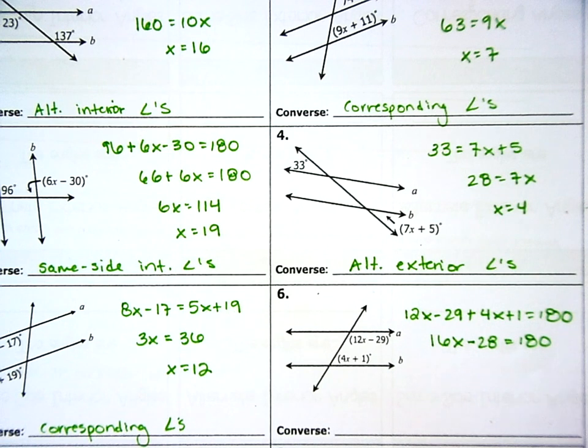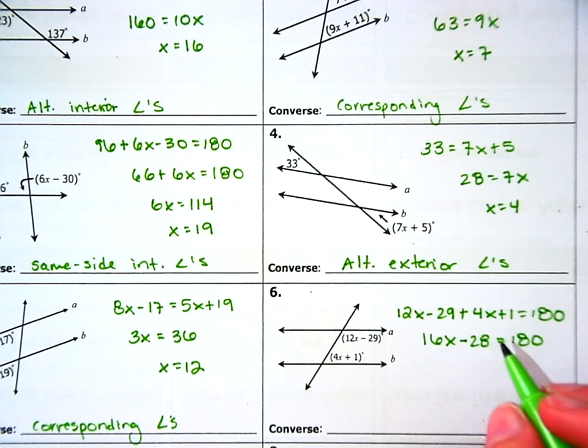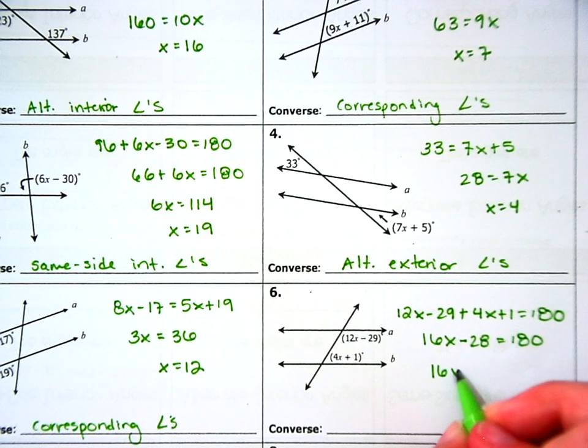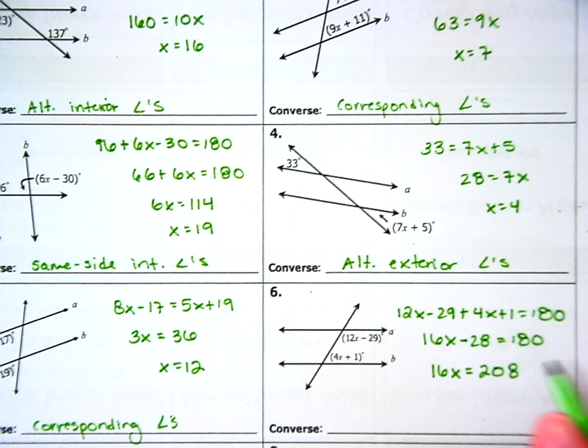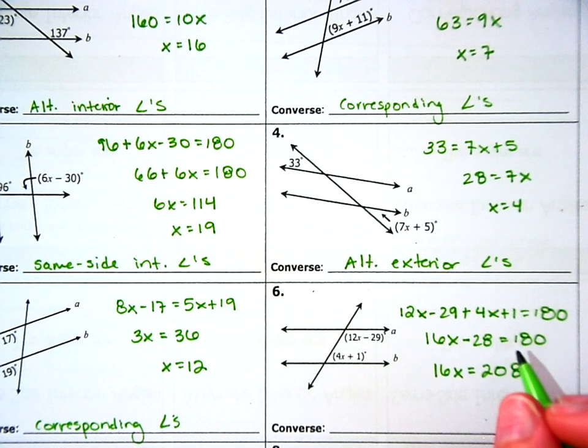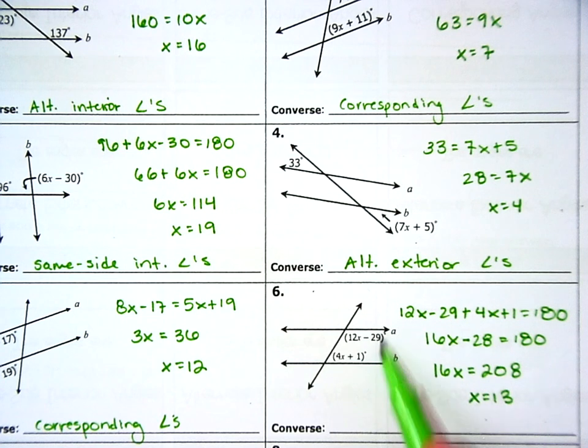All right, so I'm going to add 28 to both sides of the equation. So I've got 16x equals 208, and then I need to divide 208 by 16. So x has to equal 13. All right, so if those lines are parallel, then x has to be 13.